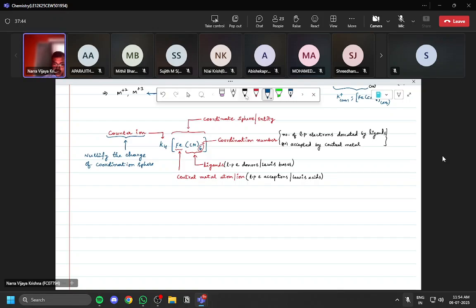Here, one more statement. Generally, ionizable groups are present as counter ions.